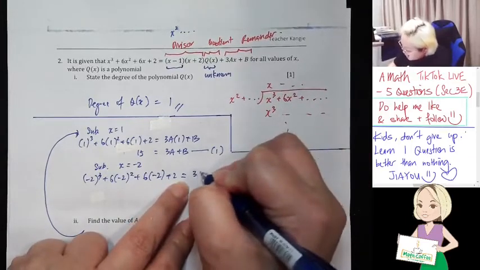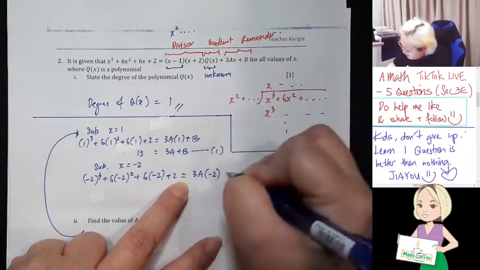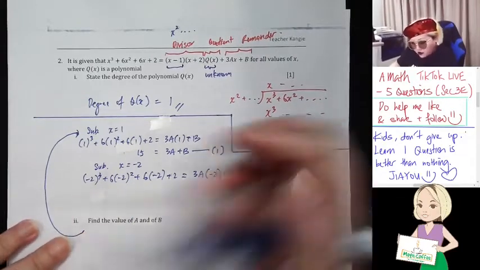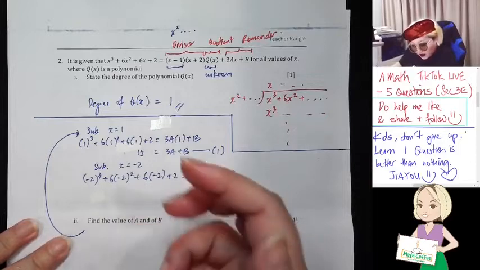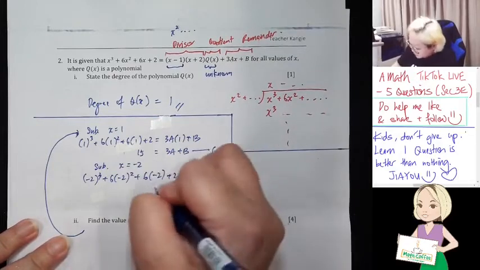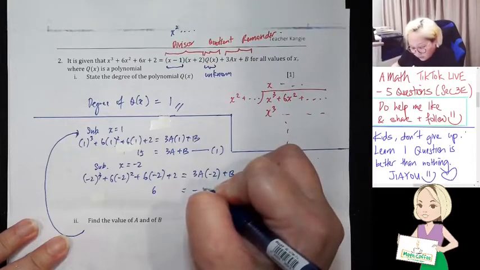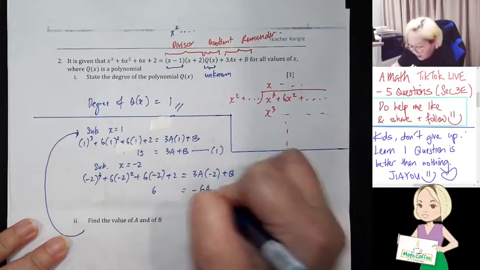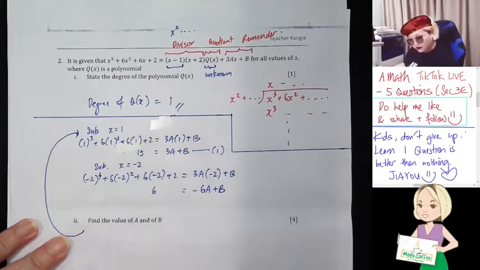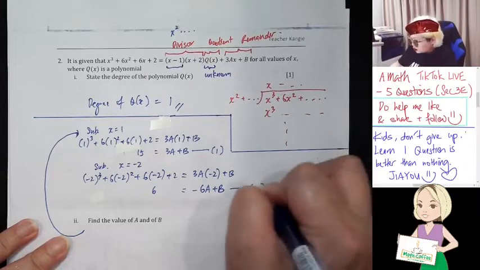So 3ax plus b. When I press the calculator, I get 6. And then this is minus 6a plus b. So this is my equation 2.